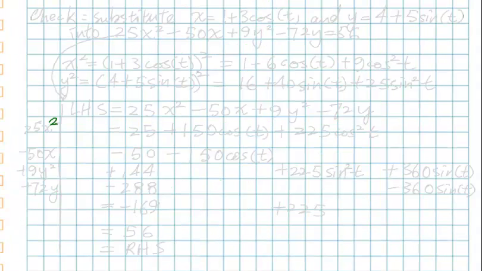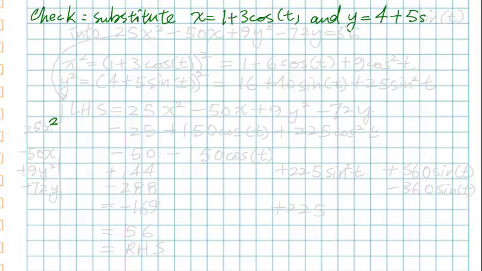It is a good practice to always check the answer. We will substitute x equals 1 plus 3 cosine of t and y equals 4 plus 5 sine of t into the equation 25x squared minus 50x plus 9y squared minus 72y equals 56. We will compute x squared first.